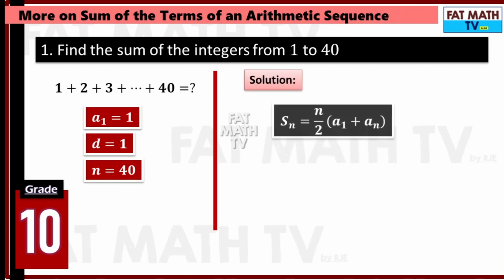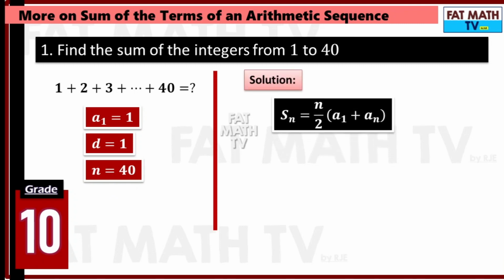Okay, so we will be using the formula S sub n equals n over 2 times a sub 1 plus a sub n. So our n here is 40. So 40 divided by 2 times a sub 1, which is 1, plus a sub n, the 40th term, that is 40.